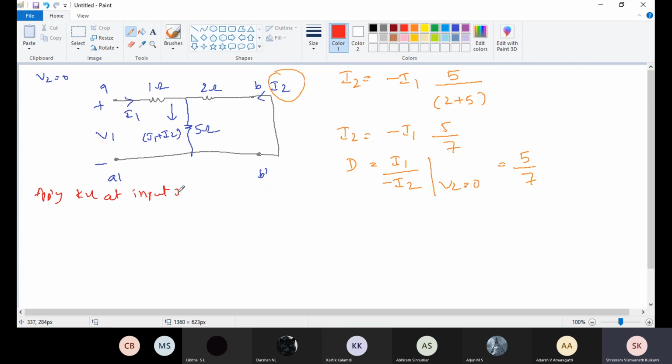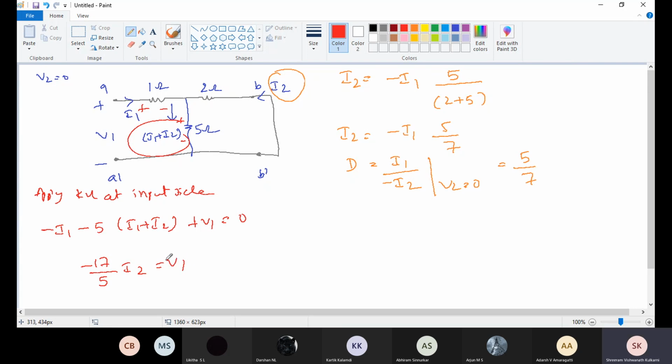Okay, see here, minus I1 minus 5 I1 plus I2, plus V1 equals 0. Finally, what I am going to get: minus 17 by 5 I2 is equal to V1.